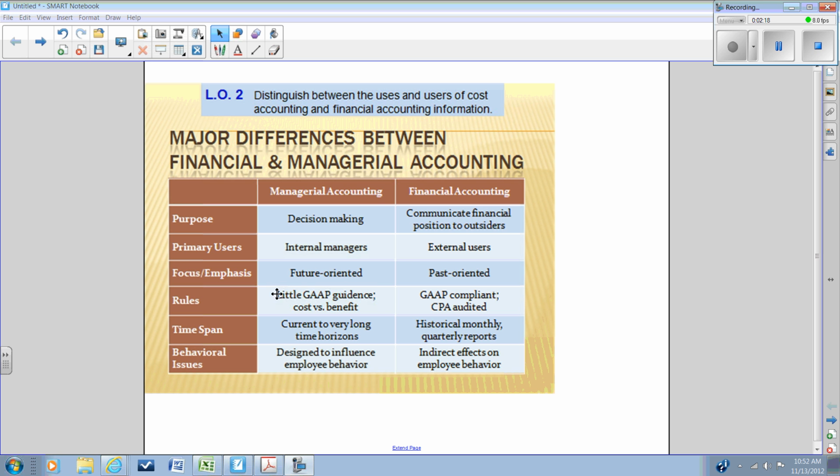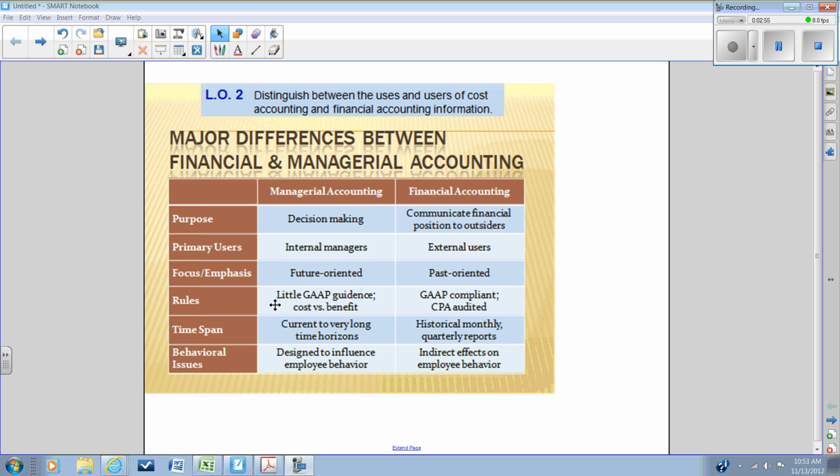We'll talk a little bit about that when we talk about full absorption costing that is done to determine the product costs that make up both the value of inventory and the recognition of cost of goods sold. Outside of that, there is very little crossover between GAAP for financial accounting and the application of GAAP in managerial accounting. So it's pretty much self-driven.